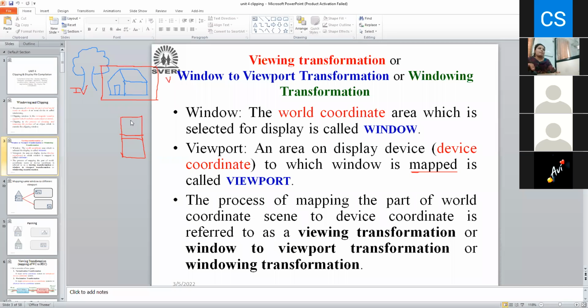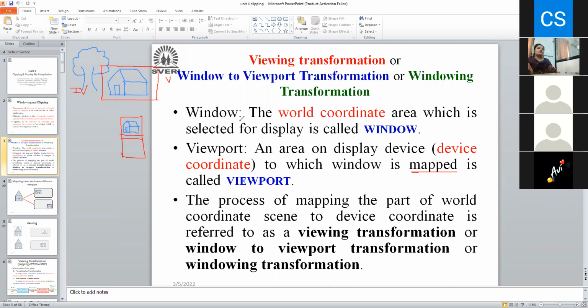I'm going to map it in a different way. So the same picture I am getting in the mobile as well as the laptop. Only the ratio of the picture, that is, the dimensions of the screen and the actual image, are varying. Okay, so that is called the viewport.